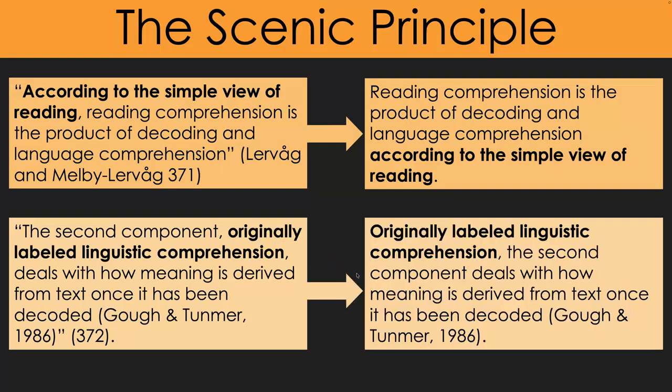Originally labeled linguistic comprehension, comma, because again, if it's coming at the beginning or the middle, we put commas around it. If it's at the end, no comma. The second component deals with how meaning is derived from the text once it's been decoded. Again, we're not really changing much of the sentence. It doesn't really make sense to put it at the end, so you can play around with it to see where it makes sense, but if it doesn't make sense, don't do it.